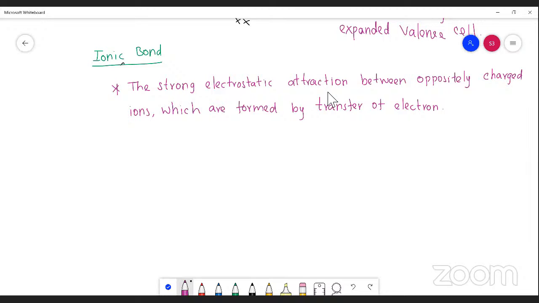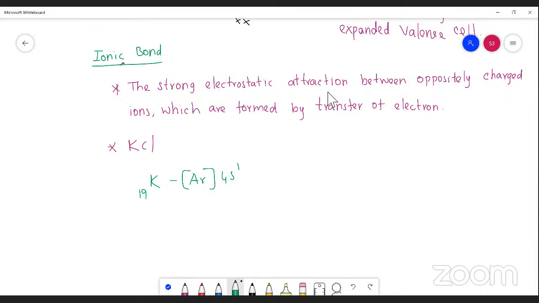Okay, now we are taking an example, that is KCl, potassium chloride. Here we are taking potassium. Potassium has atomic number 19, and its electronic configuration is argon, that is 18, and 4s1.